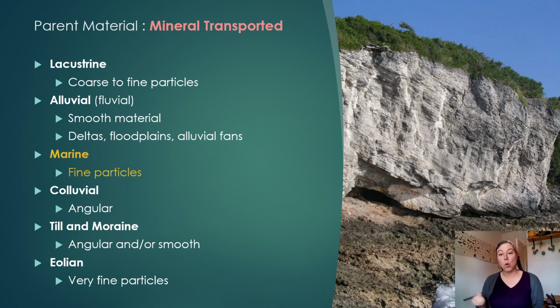And often they're organic. So this is a chalk cliff. That chalk is completely made up of tiny little organisms and their shells, because that's the only thing out there in the middle of the ocean, these microscopic organisms. So marine deposits, again, typically in very fine particles and fine layers.